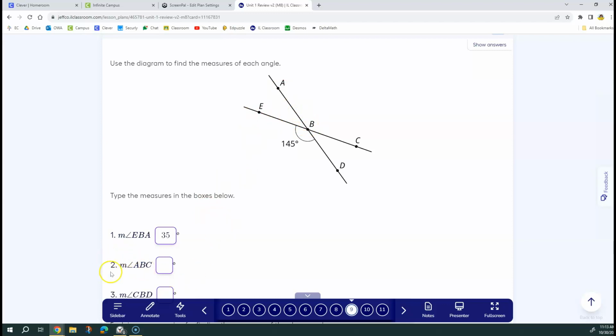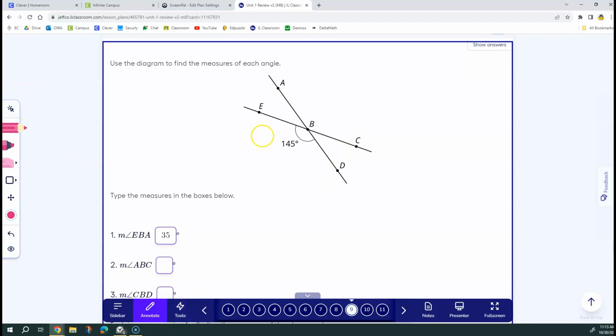Now the measure of angle ABC, A to B to C, is right here. Let's see if my annotate will be friendly. I doubt it, but we'll see.